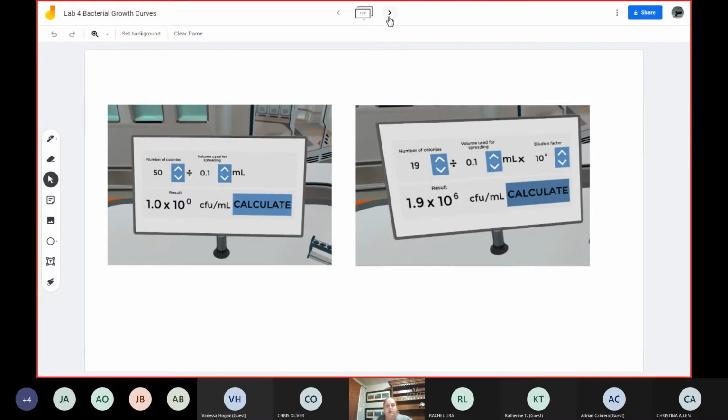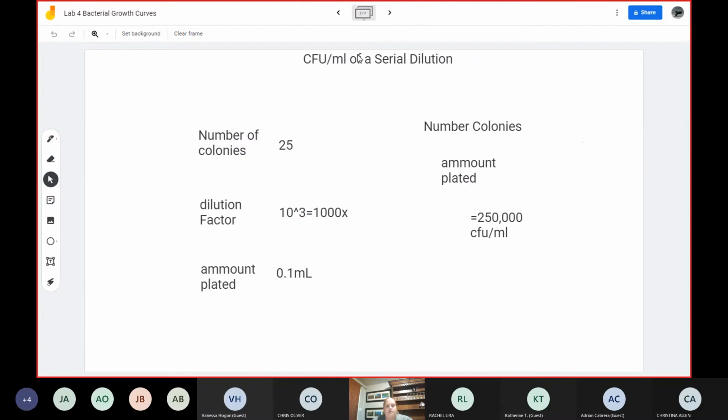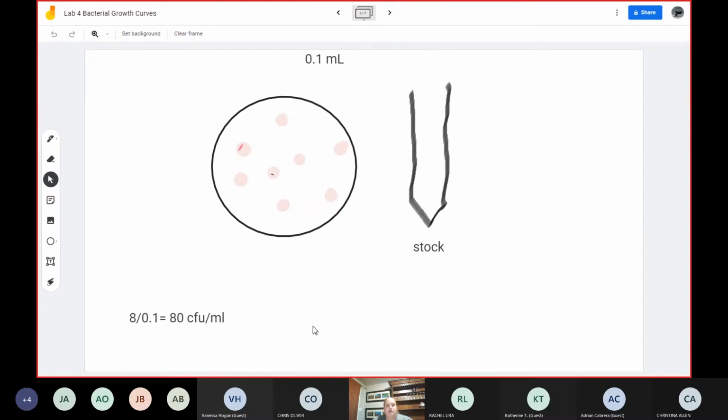But first, let's do an example with your first one here. So say, for example, this is a tube full of E. coli that you've grown.